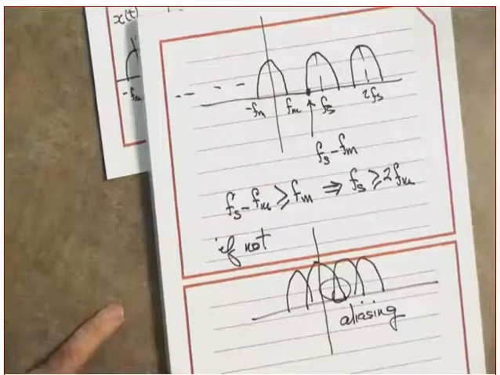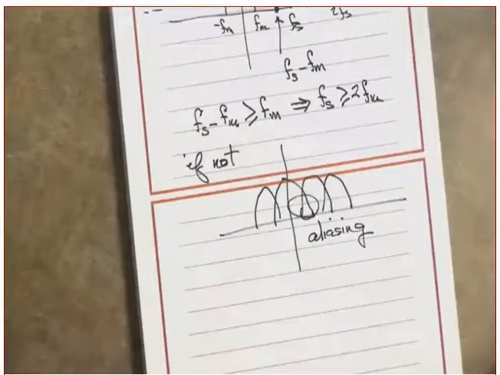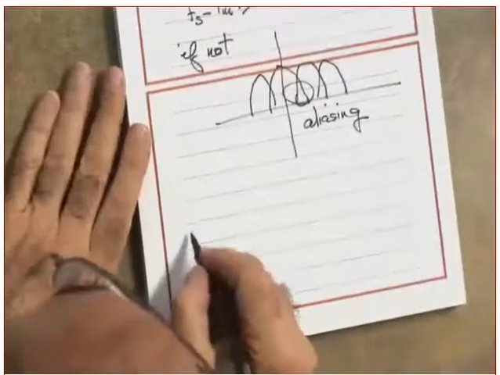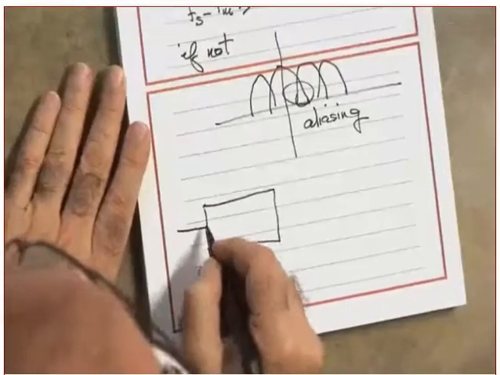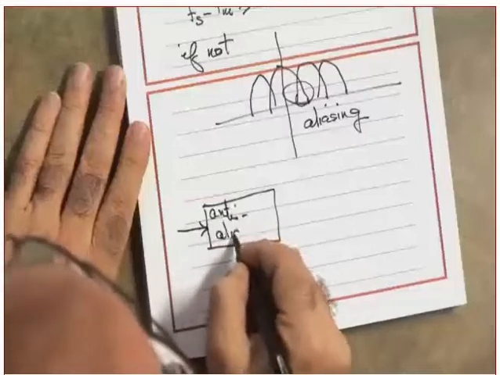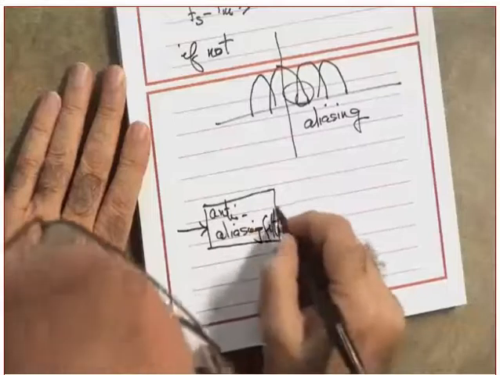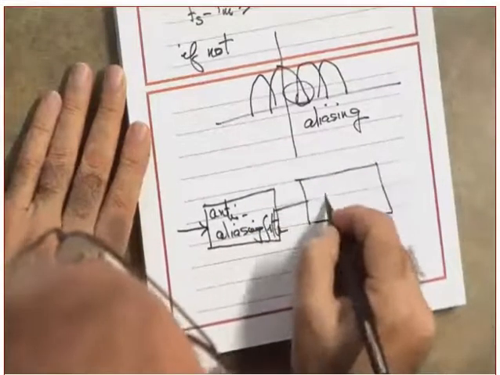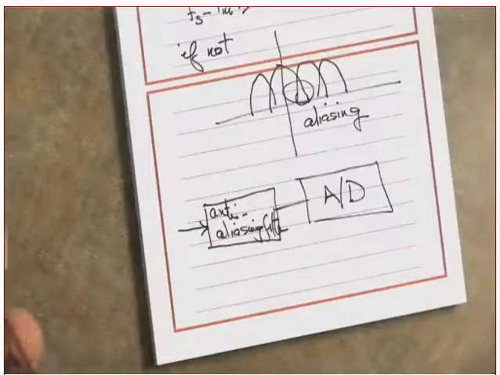Yes or no? Okay. Now, listen to me. When you sample a signal, at the beginning you will see it like this: an anti-aliasing filter, and then the A to D, the sampling, followed by the quantization, followed by encoding.